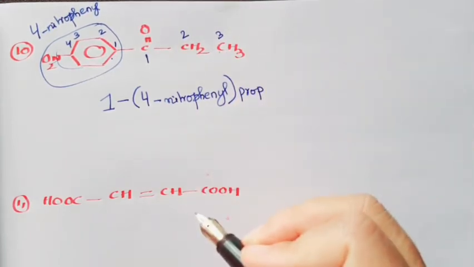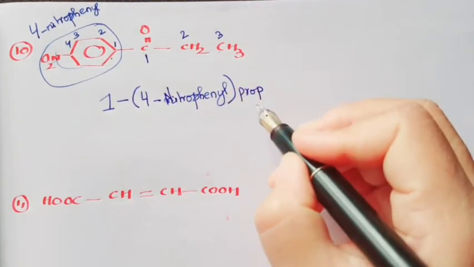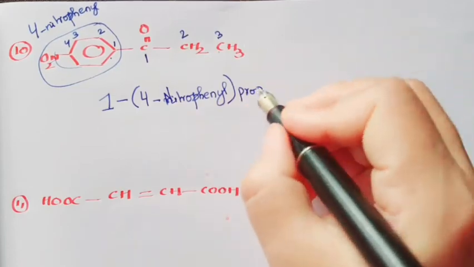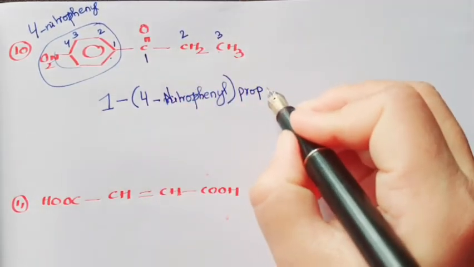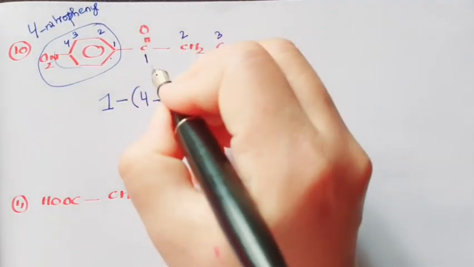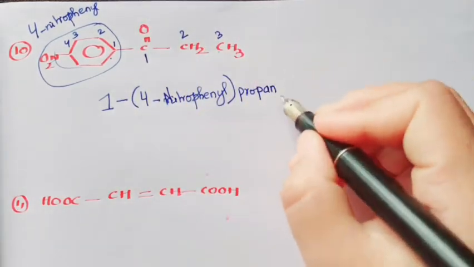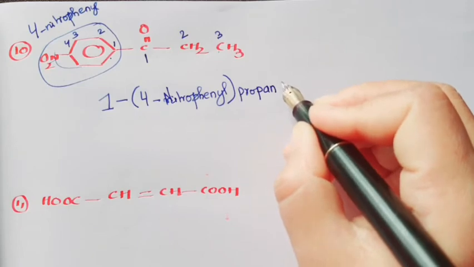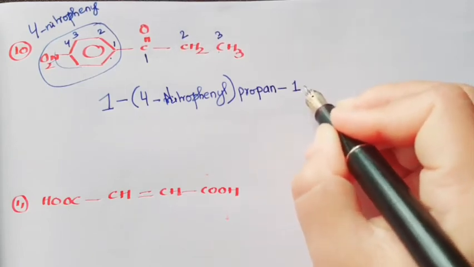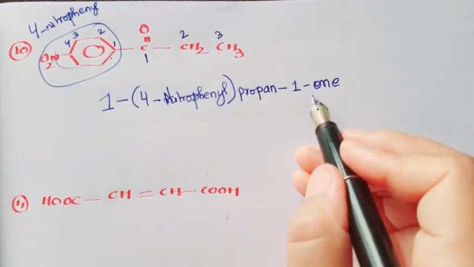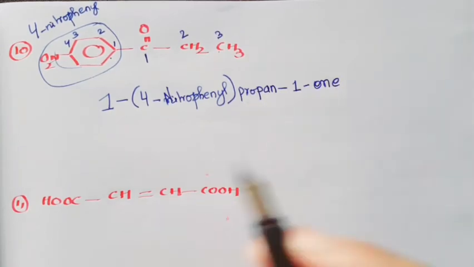Then first letter capital. Now, 3 are in the chain, prop, all single bonds, we have to check carbon-carbon. So an, then this is your C=O, an al. So the al with a vowel, E drops, and what is its position? 1. So either you can write simply propanal or 1-al, no problem.